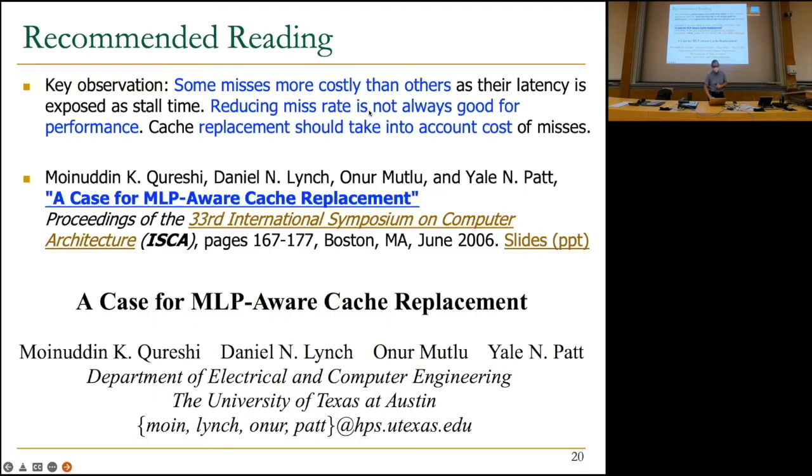So reducing miss rate is not always good for performance, actually. And I'm going to show you a real example of this soon. So the key takeaway is this: cache management policy, not just the replacement policy. In this particular paper, we talk about replacement, but it's really about management. Cache management policy should really take into account the performance effects of the decisions, not just the hit rate or miss rate.